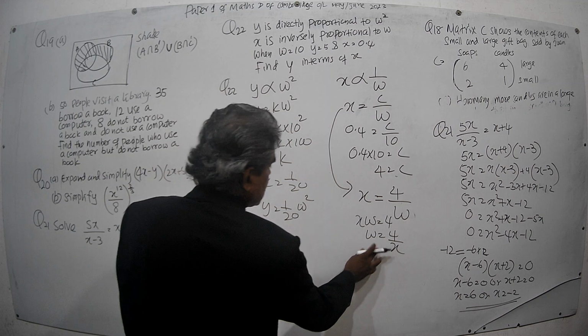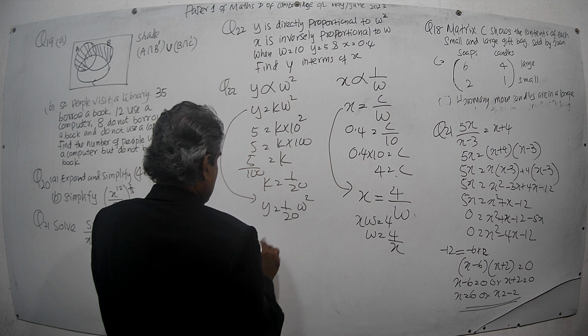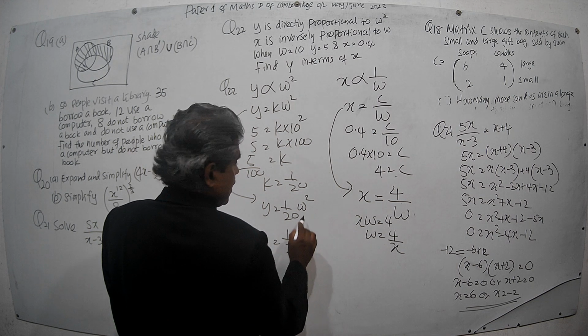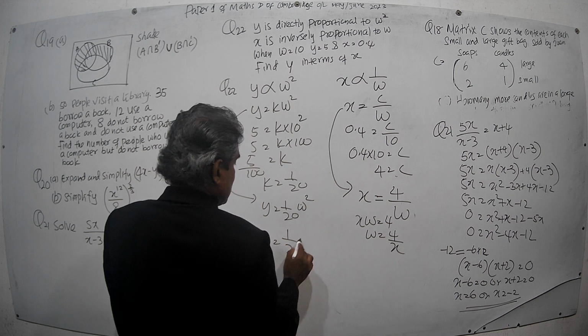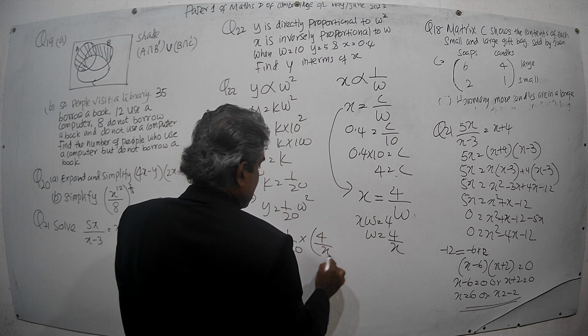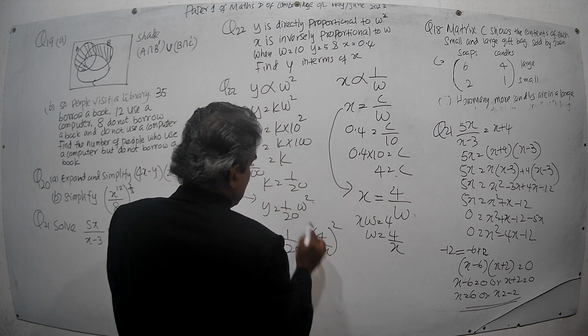Then we substitute this one into this one. Then y equals 1 over 20 into w squared, and w is 4 over x, and this squared. This is the w part.